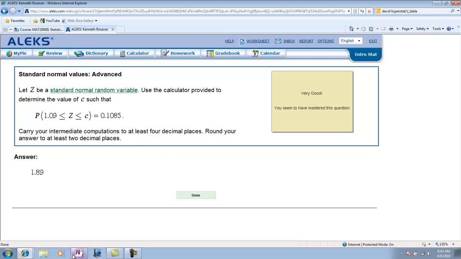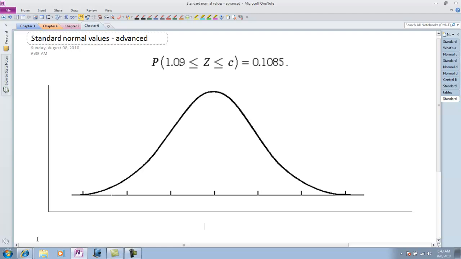Let's talk about that. When they tell me 1.09, they've marked off for me a point that's somewhere about there. And I know what is to the left of it because I can just find P of Z less than or equal to 1.09.